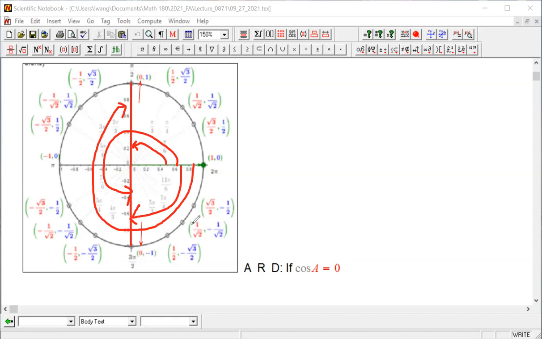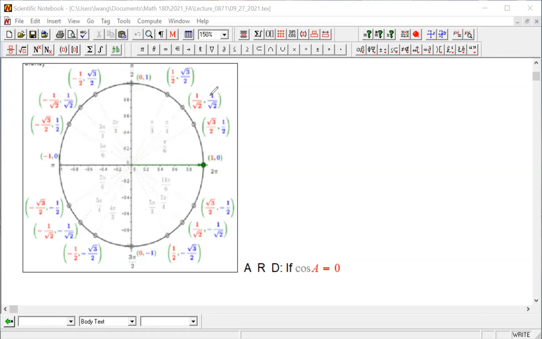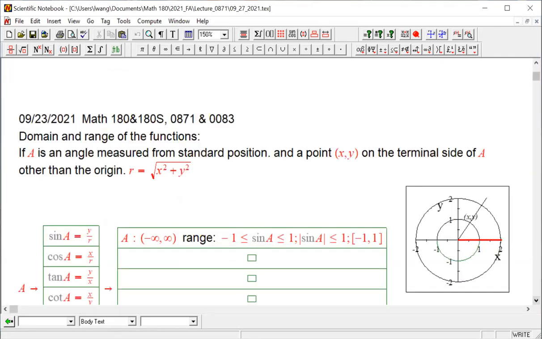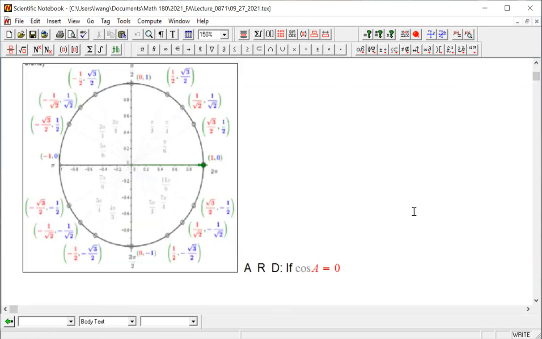Can we still use k pi? What do they have in common? So let's look at what they have in common. Does everybody follow me? Let's look at these angles, these numbers, right? Let's see if we can find a pattern. We recognize pi over 2. In fact, positive or negative pi over 2 will make cosine equal 0.